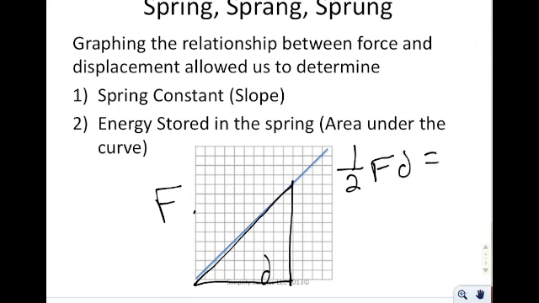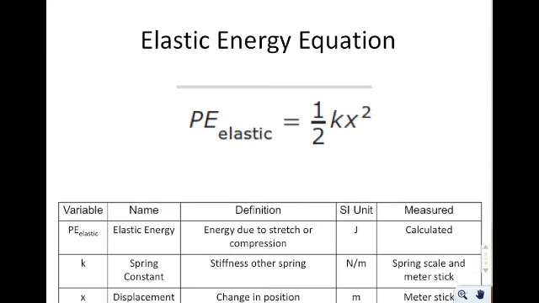And you say, well, wait a second, I thought that work was just force times distance. In this particular case, you don't have the same force. You have a different force here than you have here. So instead you have to take the average of the forces, and that's what you're doing by taking 1/2 the force times the displacement. So that's kind of where the elastic energy equation comes from.